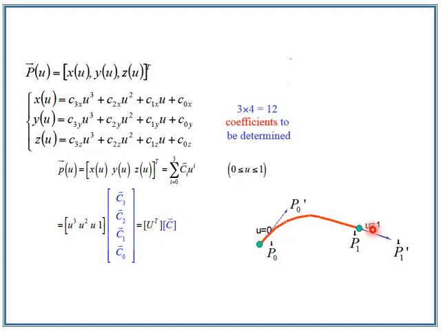So this is the curve. Starting point of the curve is u equal to 0, end point of the curve is u equal to 1. So the curve ranges from 0 to 1, and consider this as point 0 and this as point 1, and P0 dash and P1 dash are nothing but the derivatives of the curve, the tangents at the local points.